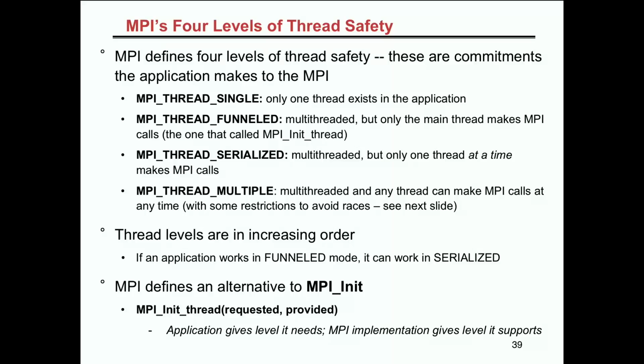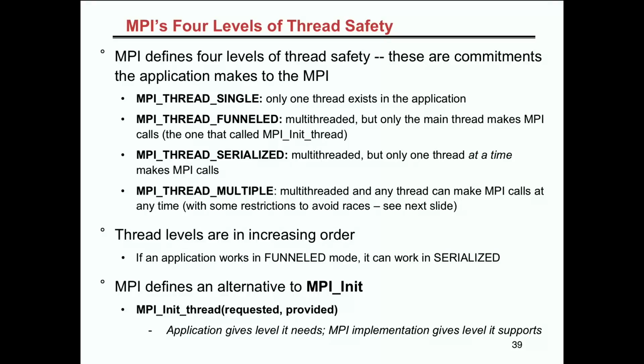Again, only one thread will ever do MPI communication at any time, but that might be a different thread. At the first iteration, it might be thread 1 that's doing communication. At the second iteration, it might be thread 2. But there won't be simultaneous MPI calls from different threads. And MPI_THREAD_MULTIPLE is anything goes. Anyone can do any MPI calls simultaneously at the same time. That's the highest level. There are some restrictions, but these are in increasing order of strictness.